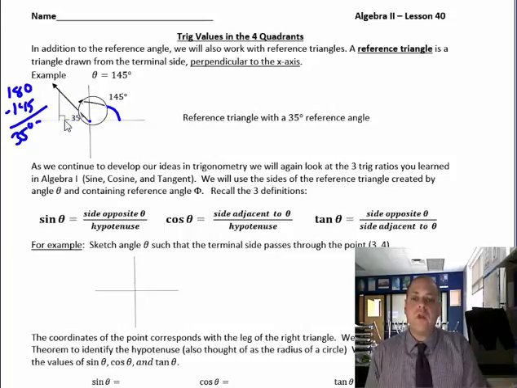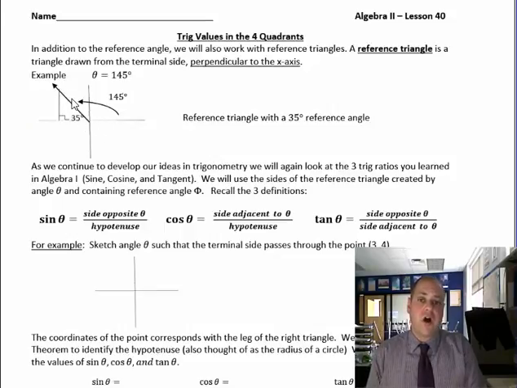Now, a reference triangle is basically taking the terminal side that we already know how to draw and going straight down from a given point on that line. You'll be given a point, and then you just draw straight down to the x-axis and then back to the origin, and that creates a right triangle.